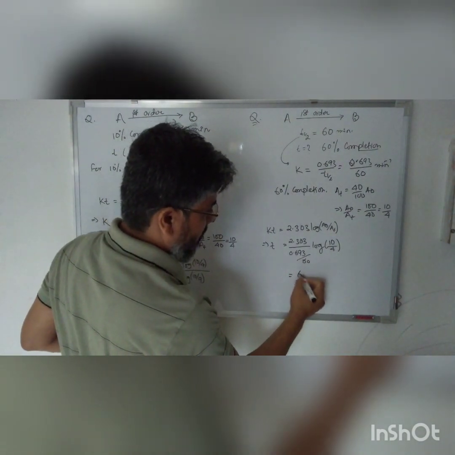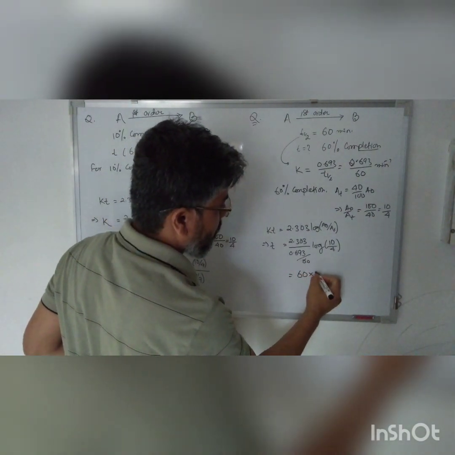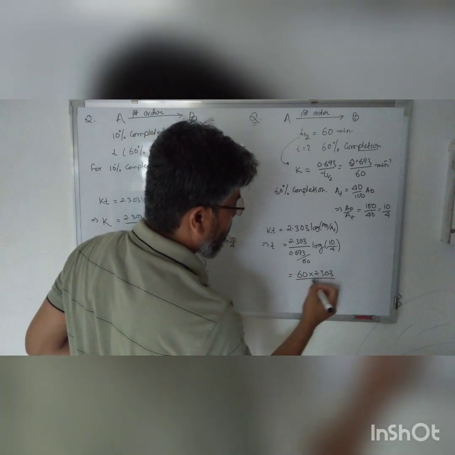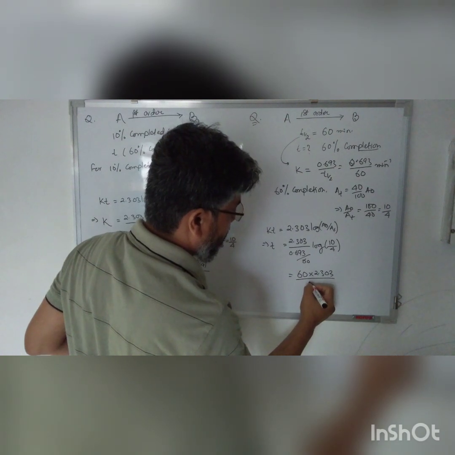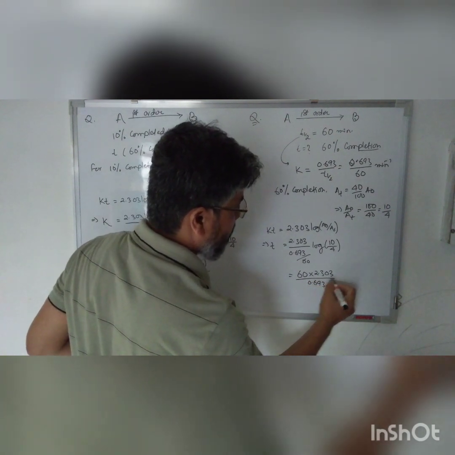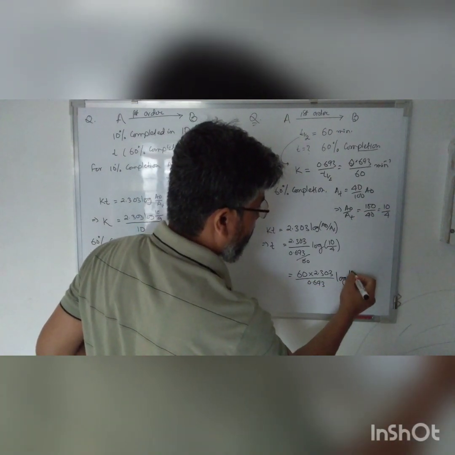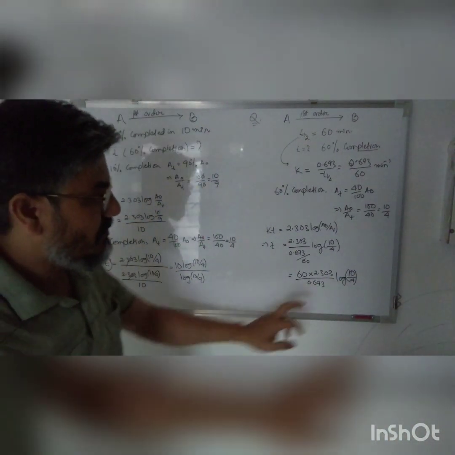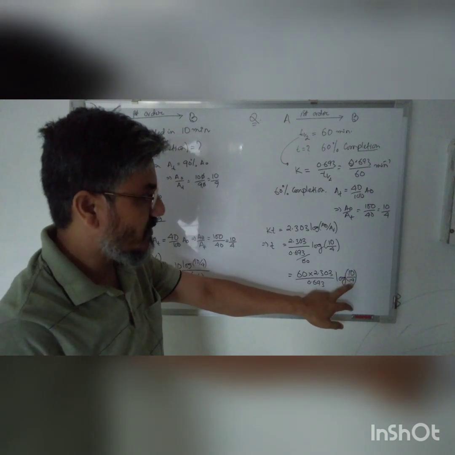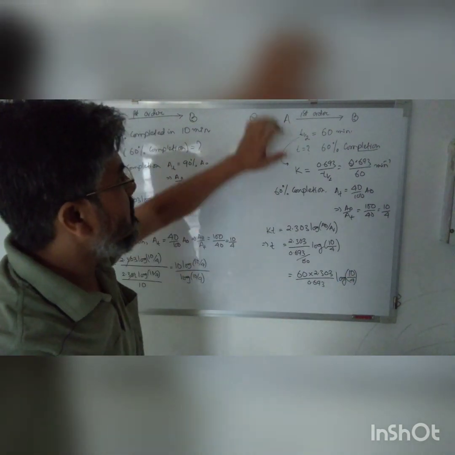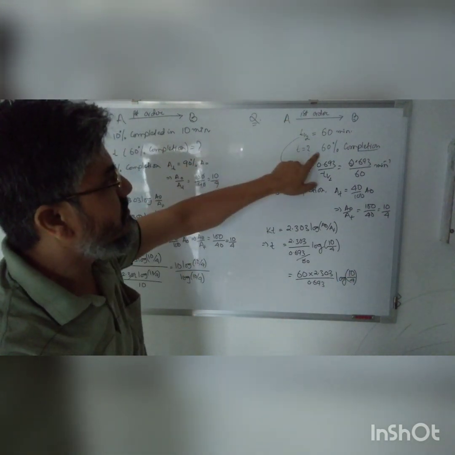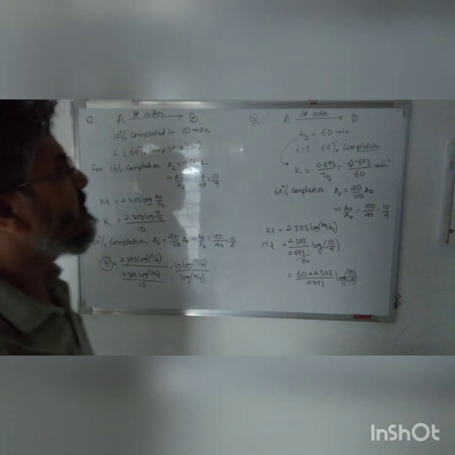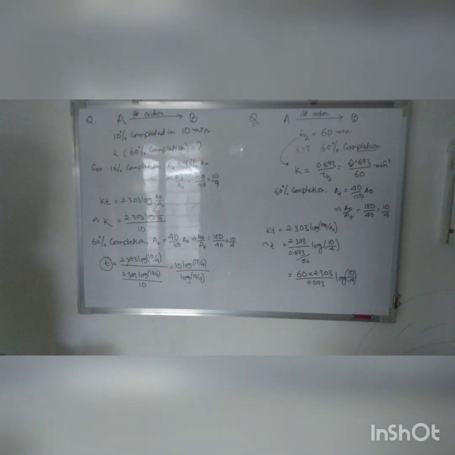So this is equal to 60 into 2.303 divided by 0.693 log 10 by 4. Again we can get the help of logarithm to find the value of log 10 by 4. So this is the time required for 60% completion of the first order kinetics, whose half-life is 60 minutes.